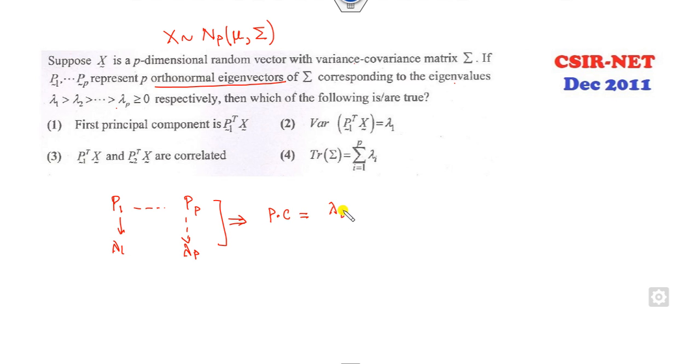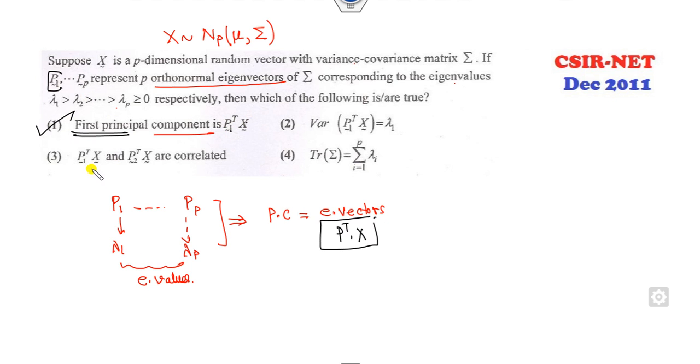The principal components are given by the eigenvectors. So how can you find them? That's simply p transpose x. The first principal component corresponds to p1, so p1 transpose x.